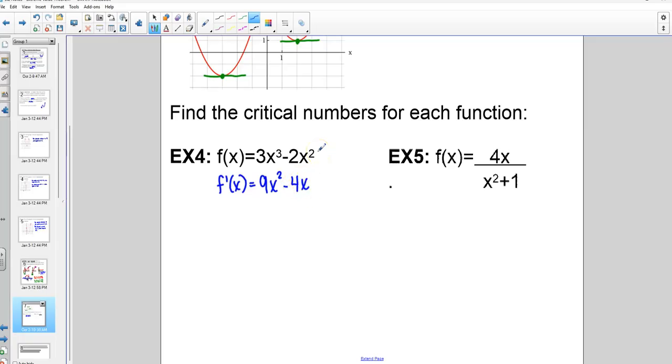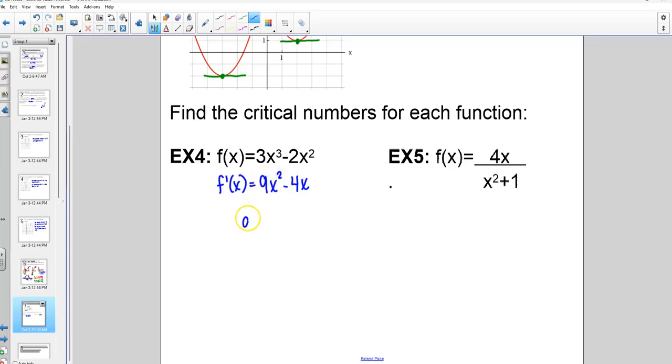And then I want to see where that is either 0 or undefined. Can that be undefined? Undefined is going to be things like, well, the main thing for undefined is going to be 0 in the denominator of a fraction, all right? That's the one we really need to be worried about. So there's no denominator for this. So we can't get undefined, but we could get it equal to 0.